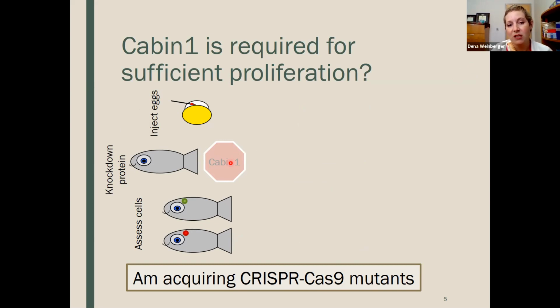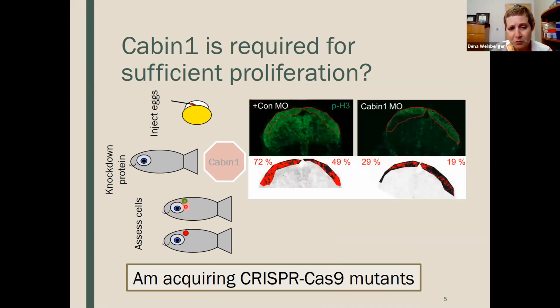What's the effect on proliferation and cell death? I'm looking at this using phosphohistone 3 staining to mark proliferating cells, and then TUNEL assay to label apoptotic cells. These are going to be labeled with different colors, and I'm just showing you the green ones today. That would be our proliferating cells. We're labeling for phosphohistone 3, which is indicative of dividing cells.